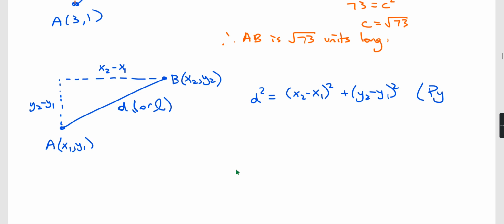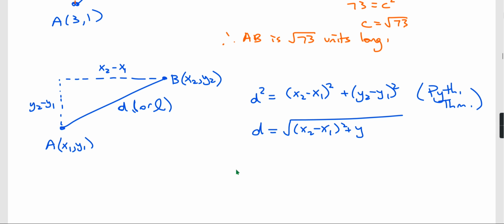That's the Pythagorean theorem. If I take the square root of both sides, because I want just the distance, I get that D is the square root of (x2 minus x1) squared plus (y2 minus y1) squared. And that gives us a formula for the distance between 2 points.